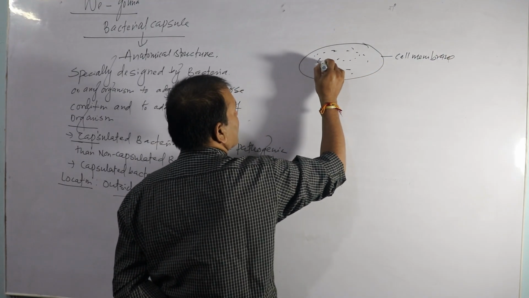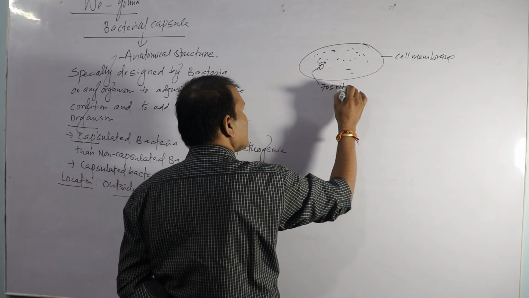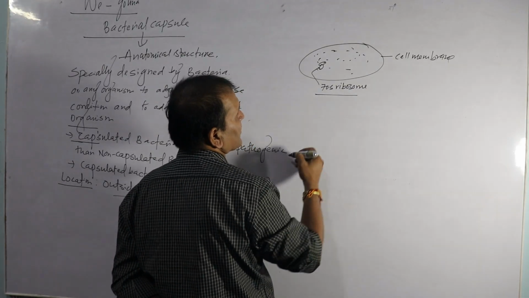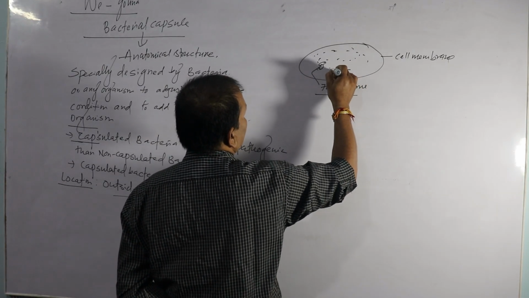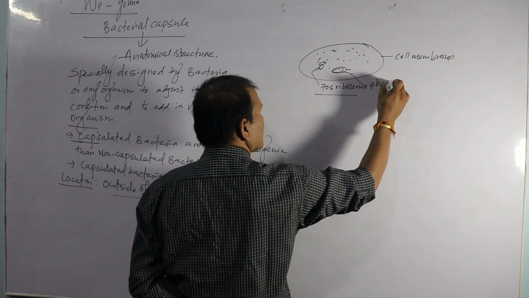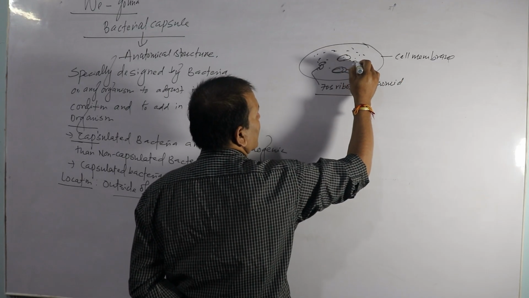Here are the cell organelles, ribosome, 70S ribosome. Bacteria always contain 70S ribosome. It's a protein factory. It is a circular plasmid and DNA, RNA.